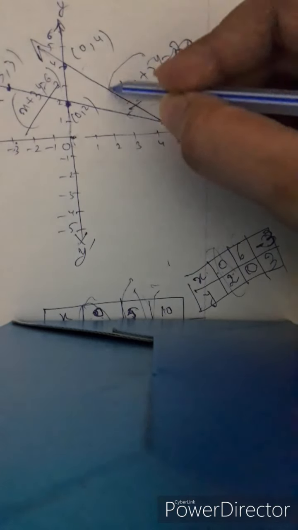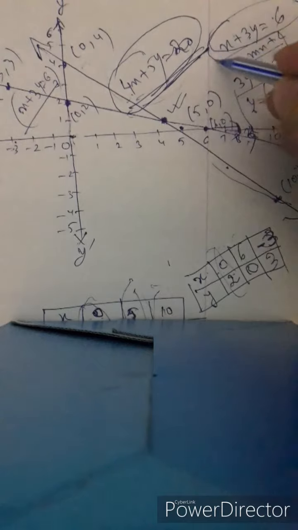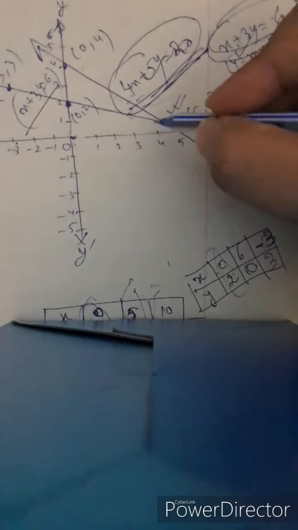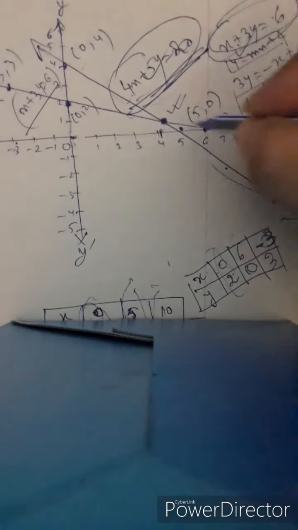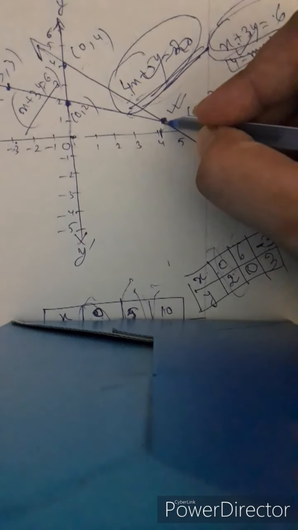For this, the pair of equations is 4x plus 5y equals 20 and x plus 3y equals 6. So the solution for these two equations becomes this point. I have drawn it very roughly, that's why the exact location of the point is not there. Suppose this is 4 and this is 1.